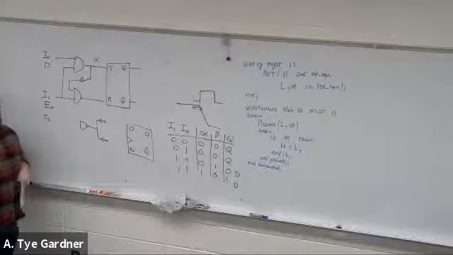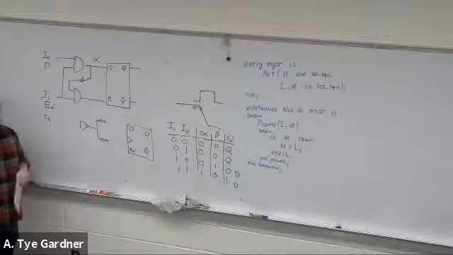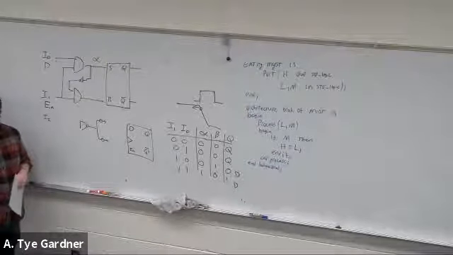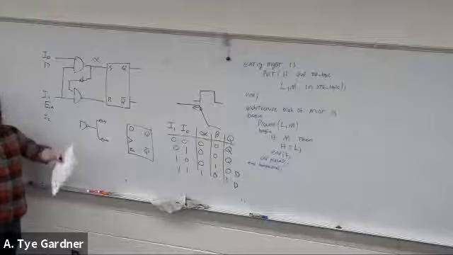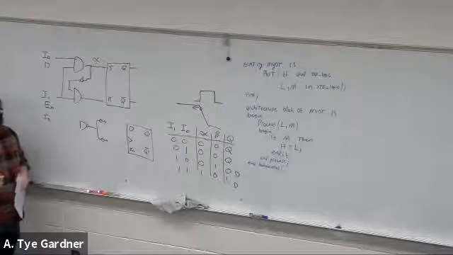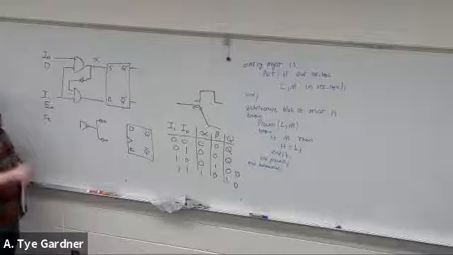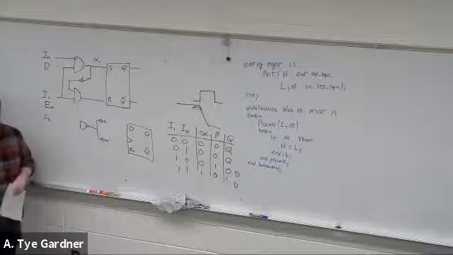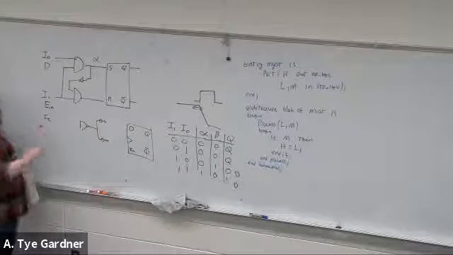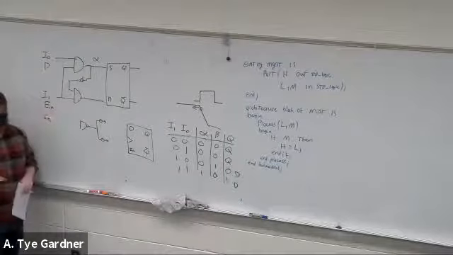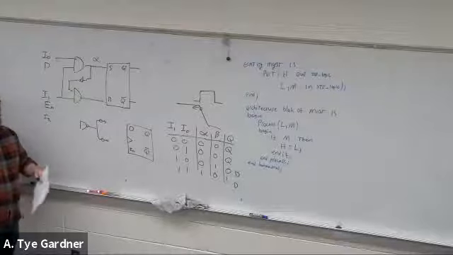How many latches does it take to build a flip-flop? At least 2, right? If I have a D latch, I use 2 D latches to make a D flip-flop. And this is a D latch. So 2 SR latches with 4 AND gates, I can build a flip-flop.